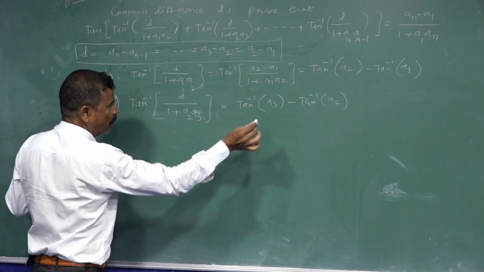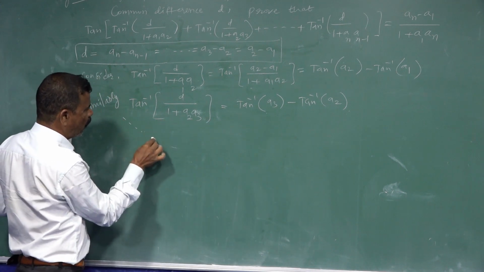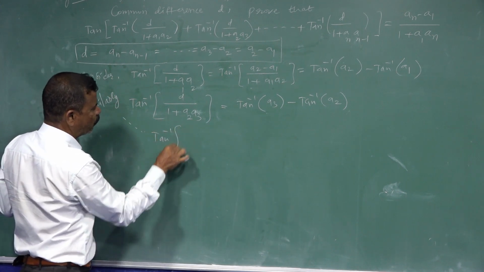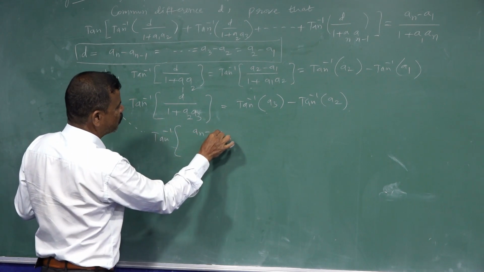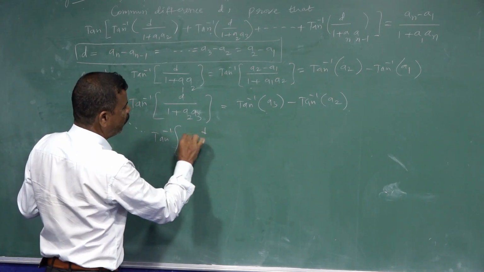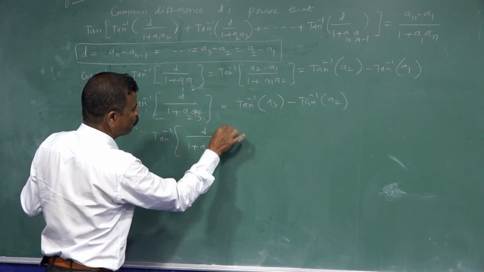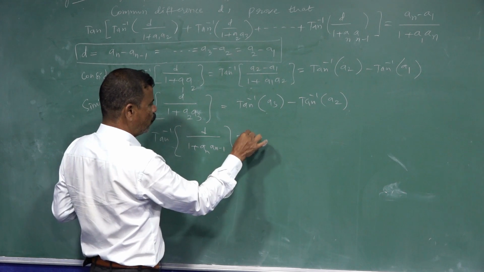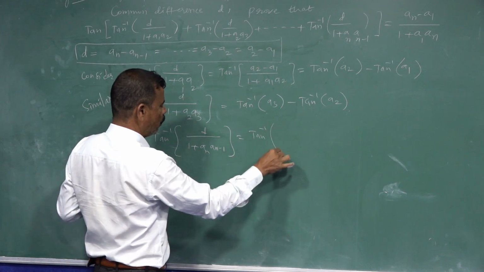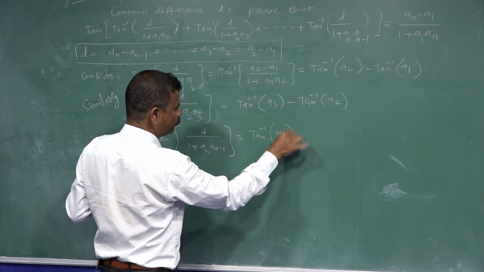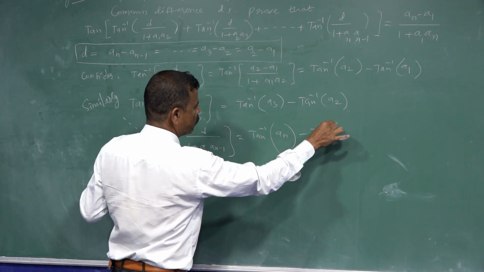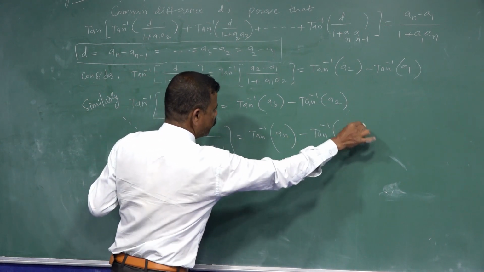Similarly, this goes on up to tan inverse of d by 1 plus a(n minus 1) an, the last term, which is equal to tan inverse of an minus tan inverse of a(n minus 1).